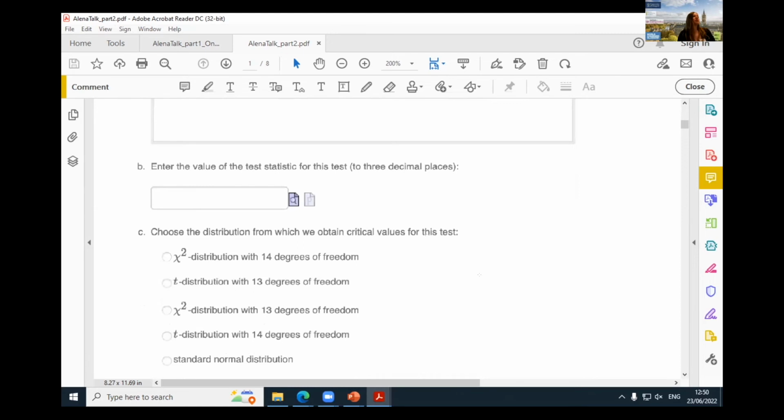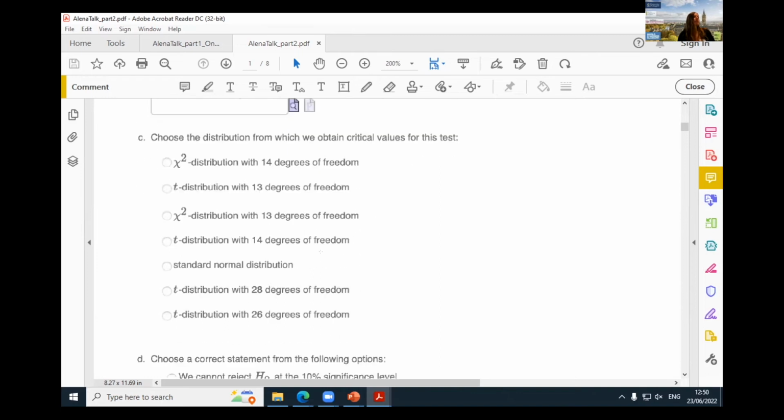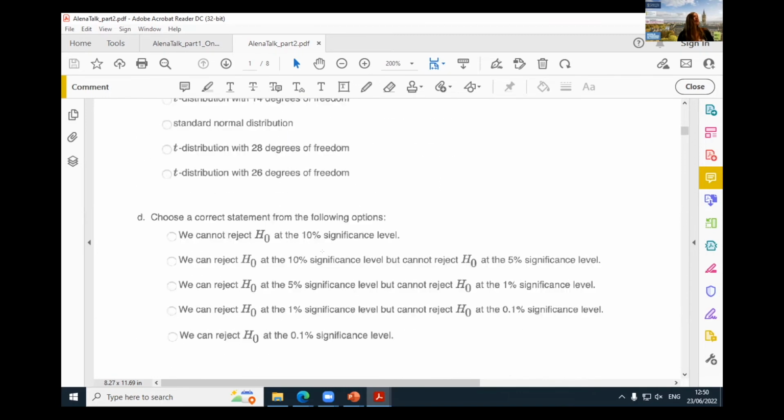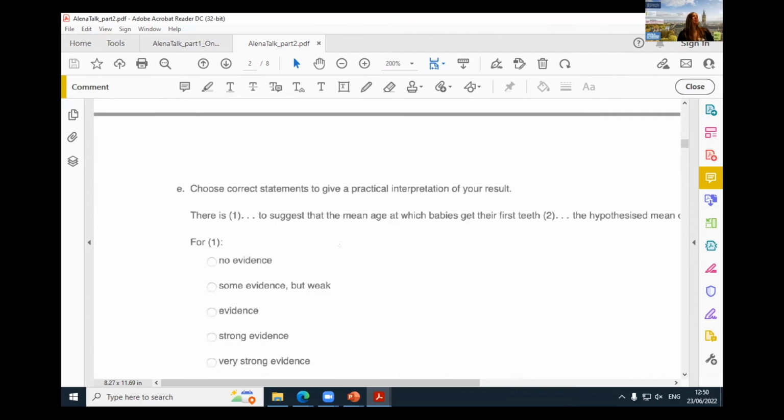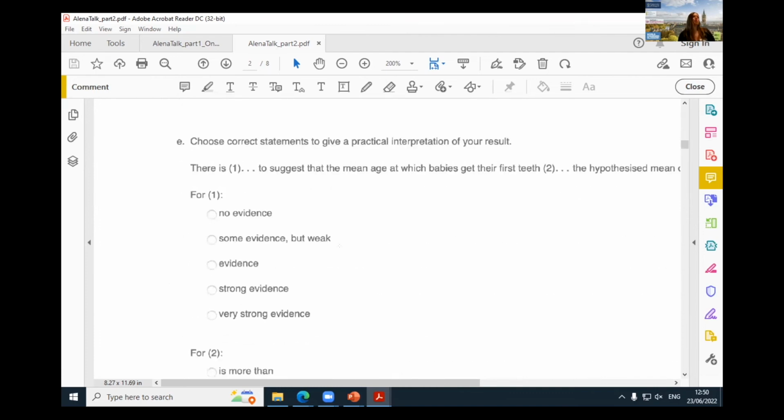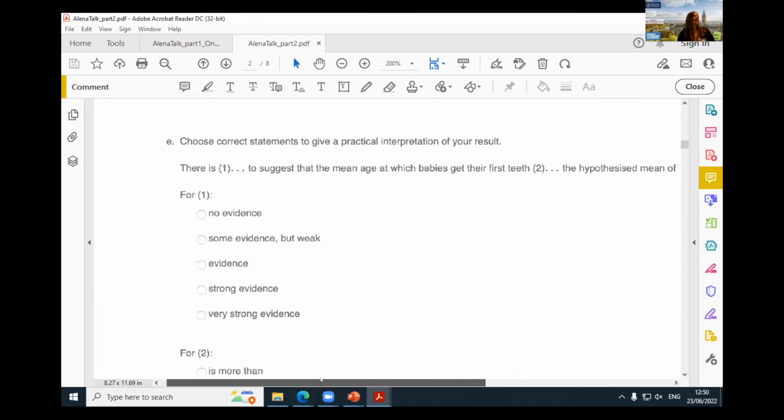Then they need to enter the test statistic of the test, and choose the distribution from which the critical values are obtained. Based on these results, they need to figure out at which level we can reject or cannot reject the null hypothesis. And then based on that, they need to make a practical interpretation by filling in some gaps in this sentence.